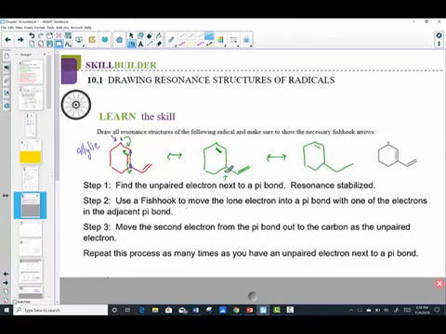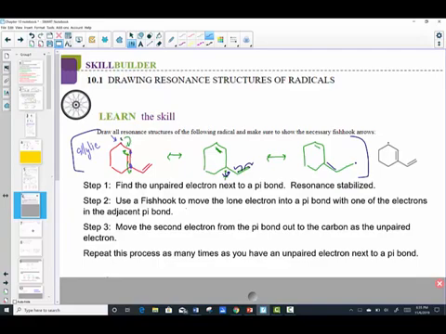We're going to take this lone electron with a fishhook arrow and bring it in to start the formation of the pi bond. This set of electrons gets cut in half, and we end up with a new pi bond in this position and the lone electron at the end. So there are 3 unique resonance structures for this particular example.